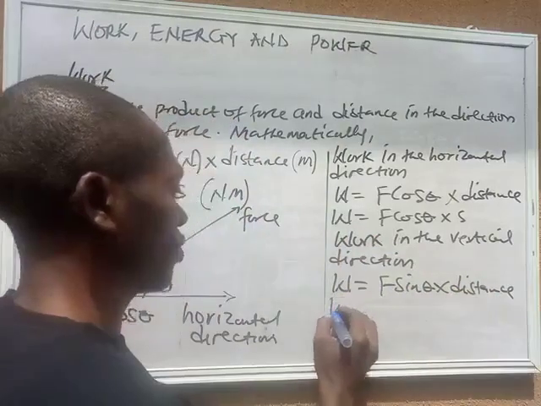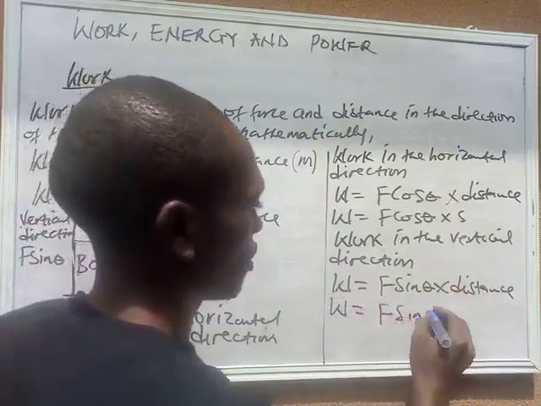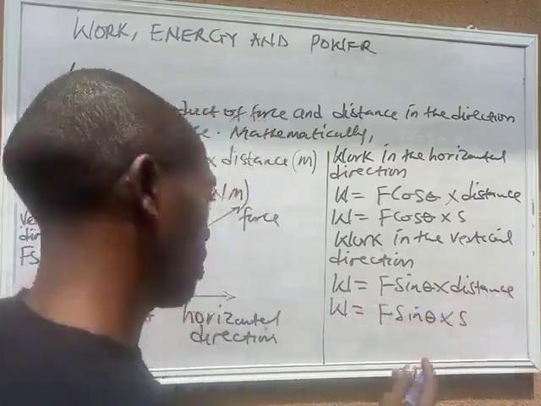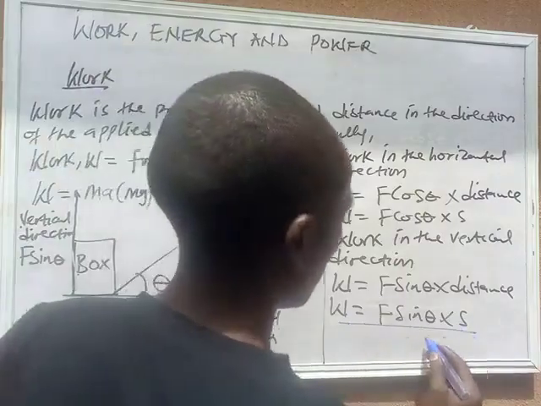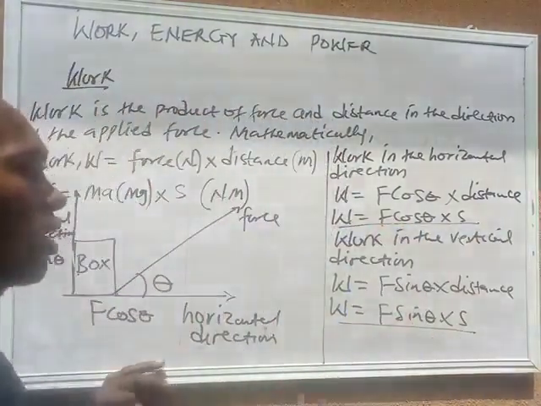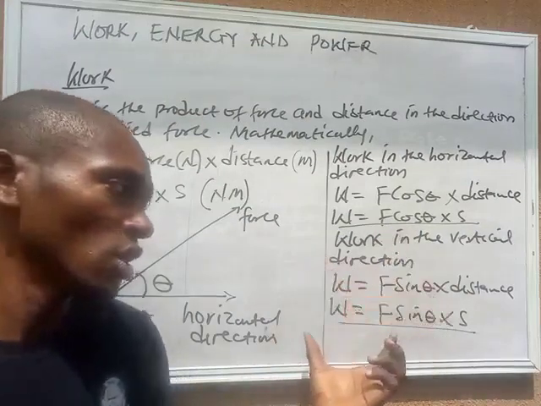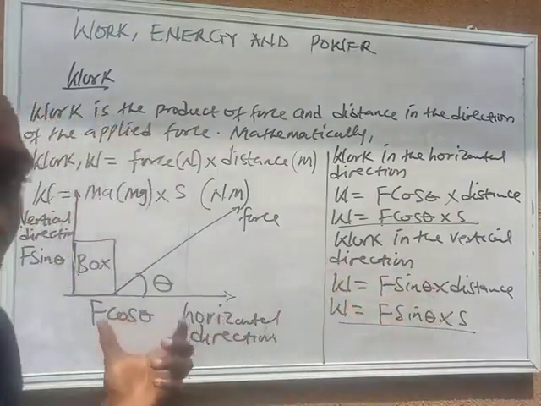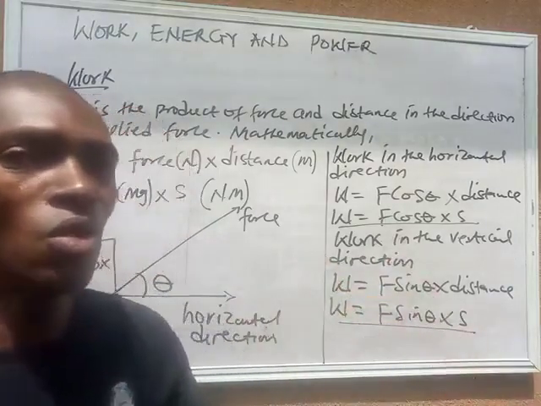So we're going to have W equals F sine theta times S. The S stands for distance. Now, these are the basic ways you can find the work done if you are asked to calculate the work done on an object when the force was applied at a particular given angle.